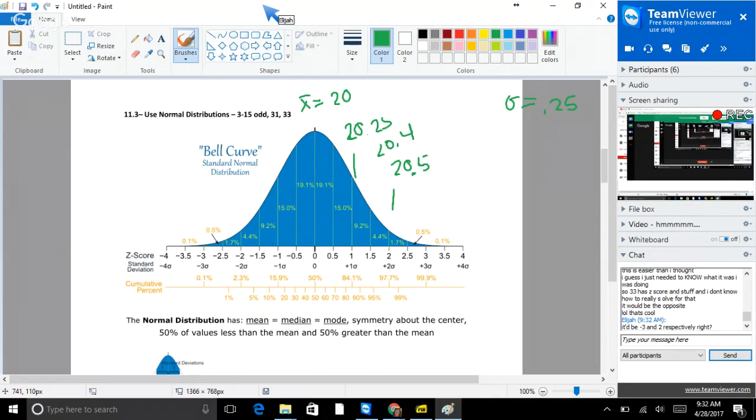So it's not quite to 2, but it's not quite to 1. So I would say, yeah, rounding, I'd say it's about 1.6 for 20.4 ounces. Does that make sense?